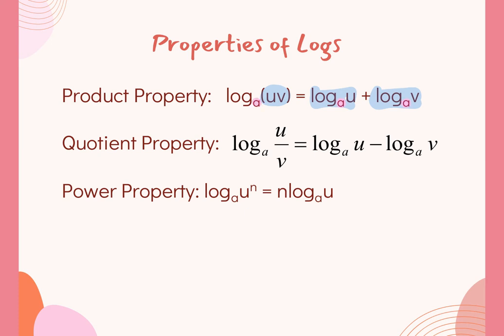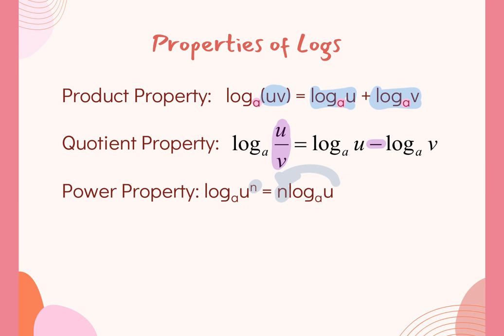Whatever that base is has to be on both logs. If it's division, u over v, then when I split it, it becomes subtraction. And the last one is if I'm raising to a power, then I can bump that power forward and make it multiplication.